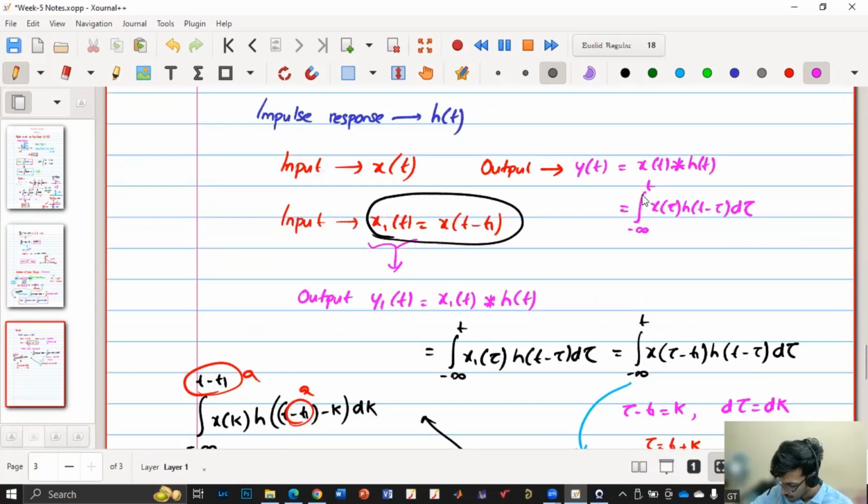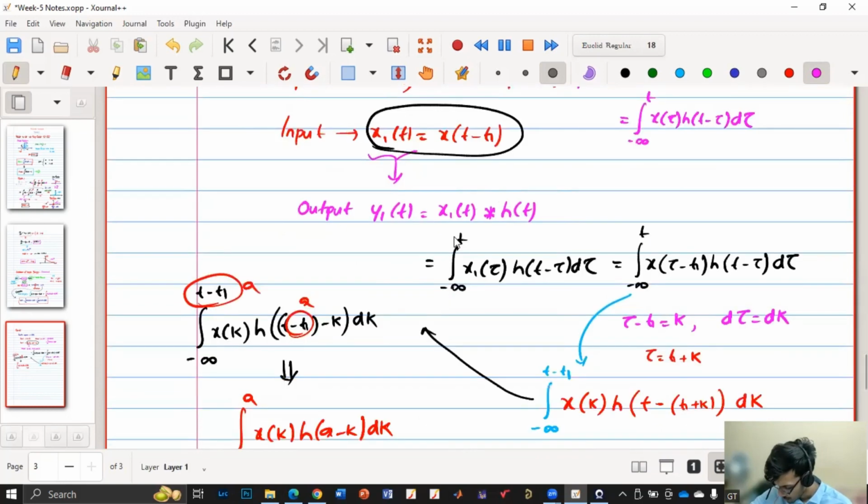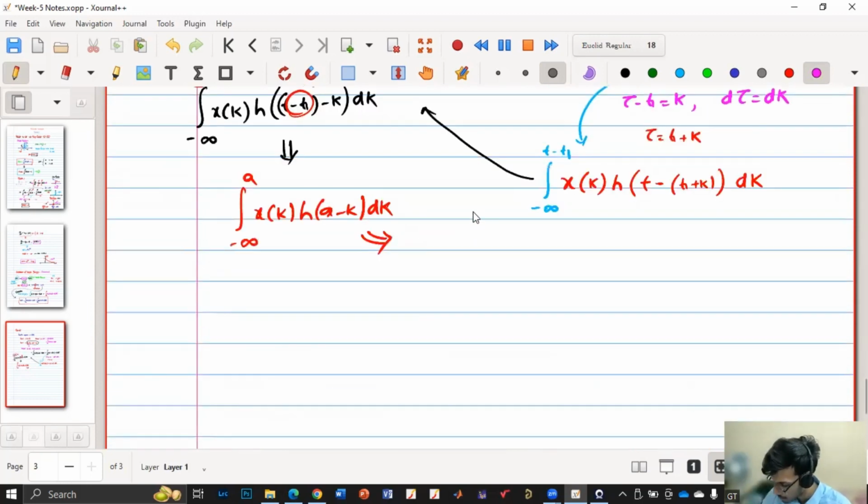See, y of t is the integral from minus infinity to t of x of tau h of t minus tau d tau.